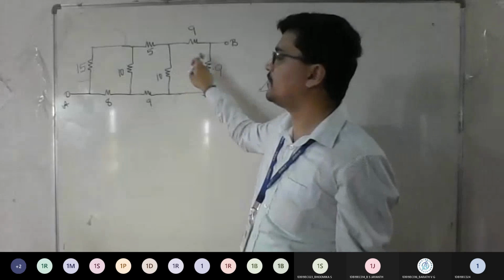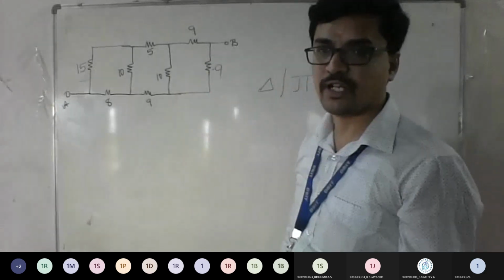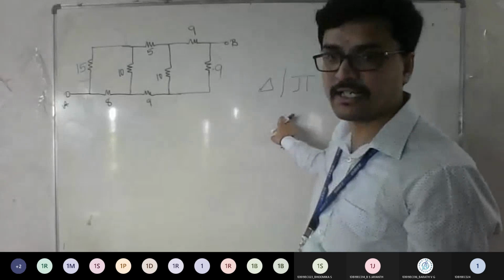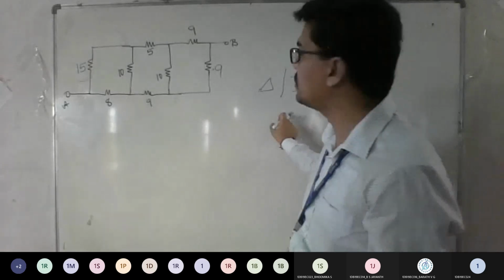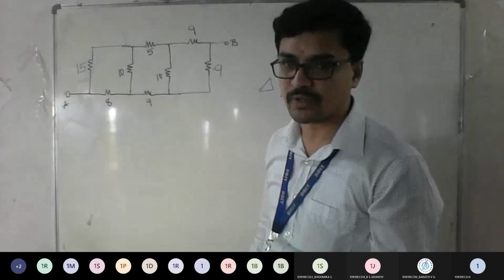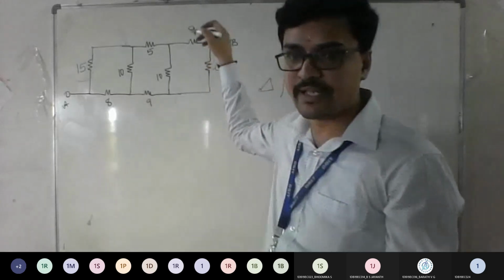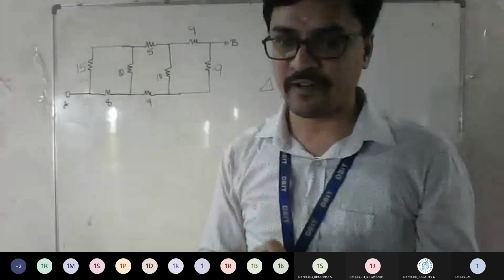See, is it like a pi now? Pi. So whenever you want to convert this delta to star, what is the procedure I told? Between two resistors, you try to place one resistor, I told, right? So between these two resistors, see this marking what I am doing inside, that is for your reference.